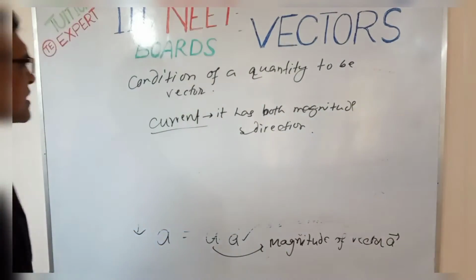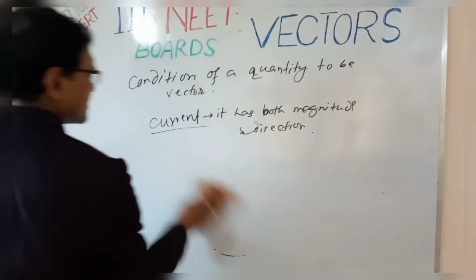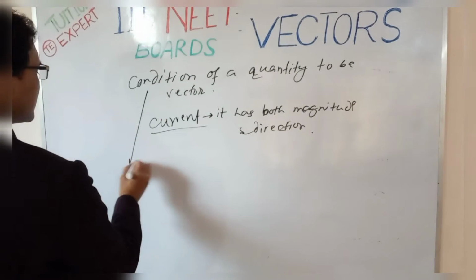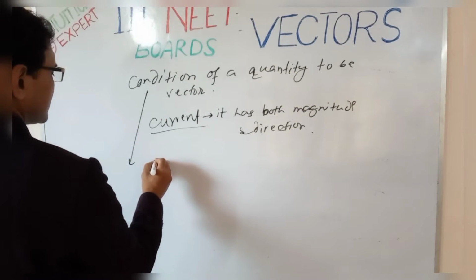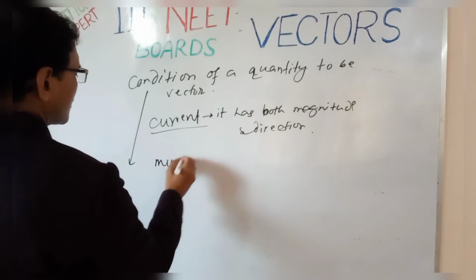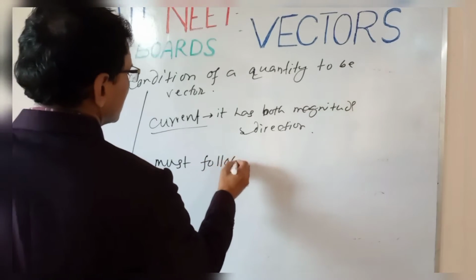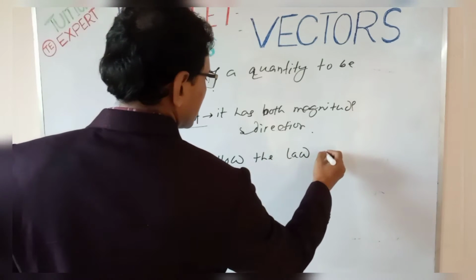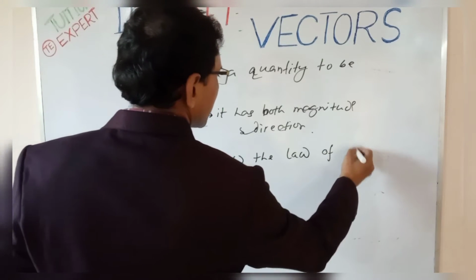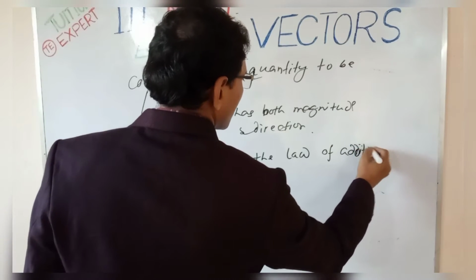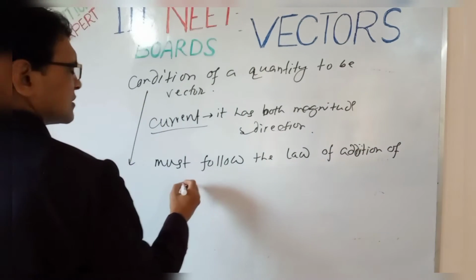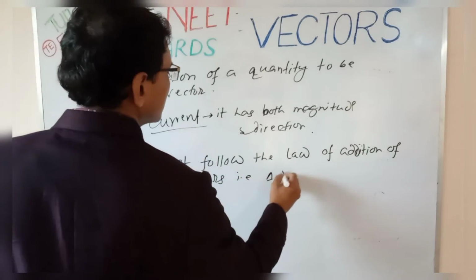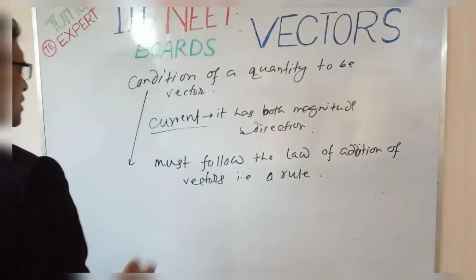So what is the condition of a quantity to be a vector? The condition is that a quantity must follow the law of addition of vectors, that is the triangle rule, and also the commutative rule.